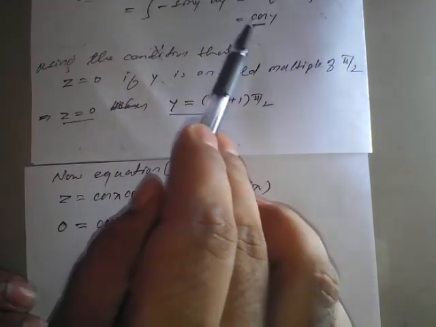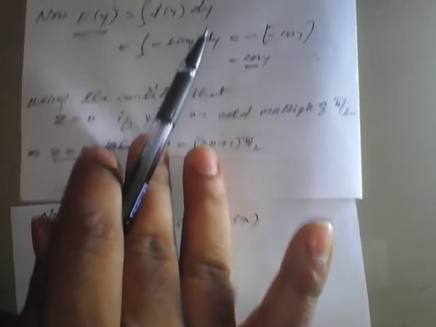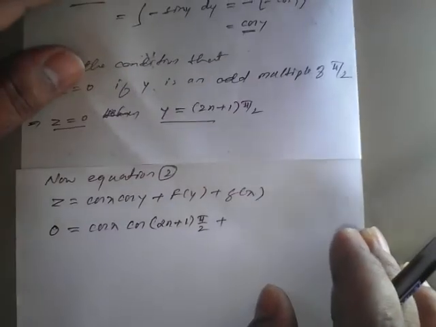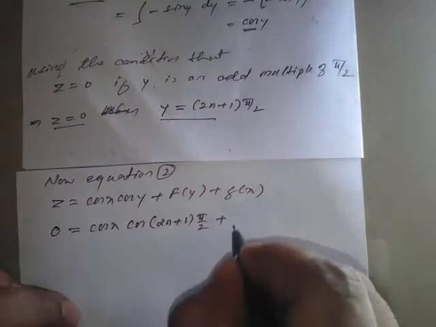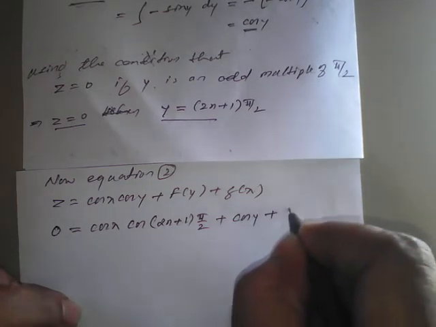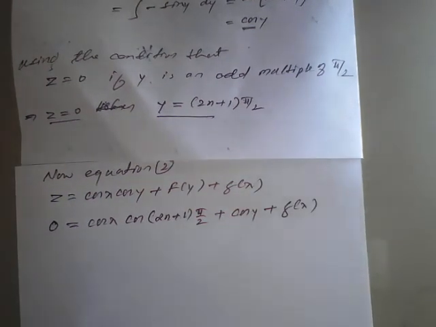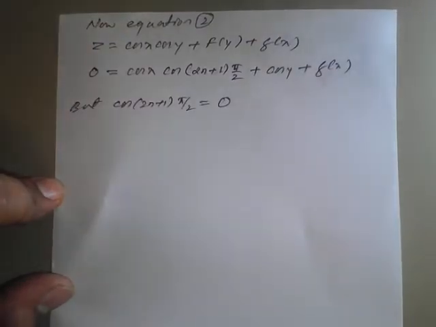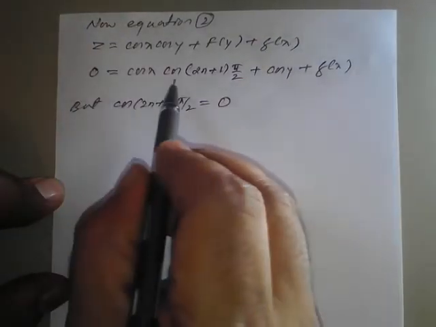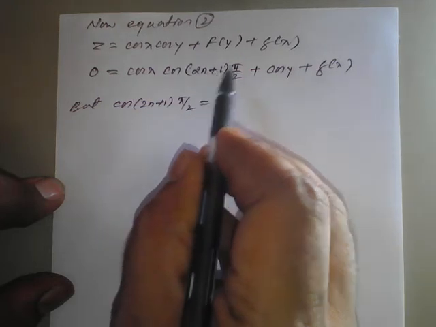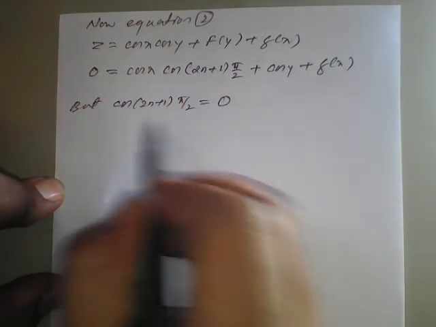Capital F of y we got the answer as cos of y, so we'll apply that value here. Capital F of y is nothing but cos of y, and we don't know the value of g of x, as it is. So on simplification, but remember cos of (2n plus 1) of pi by 2 is always 0.